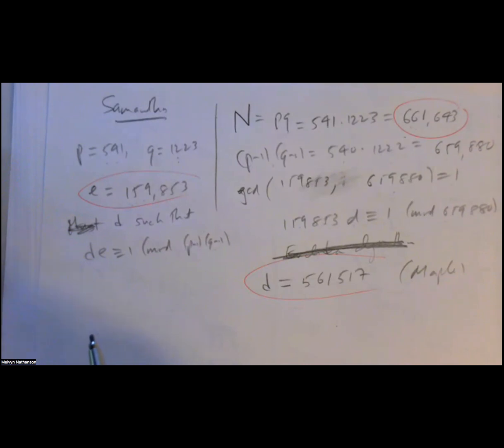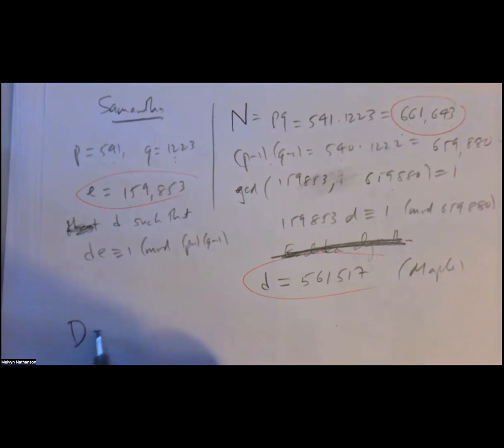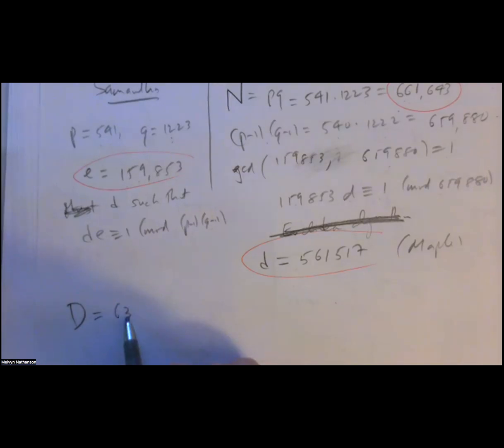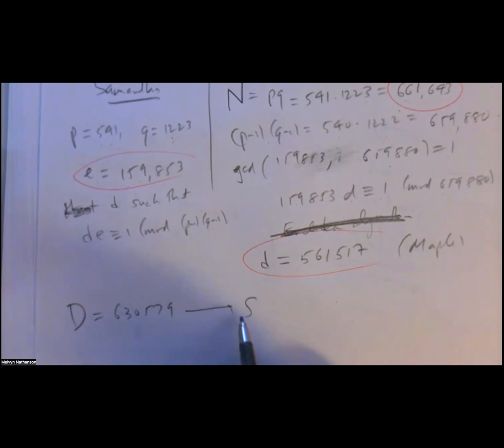Now, she has a document she wants to sign. So the document she wants to sign is 630,579. And the signature that she sends is what?